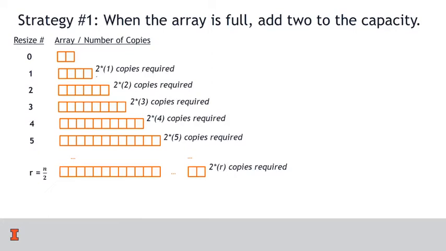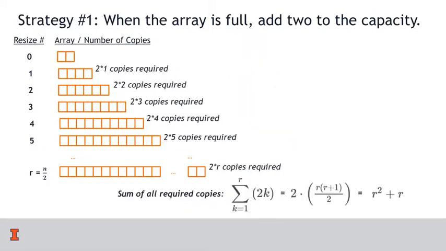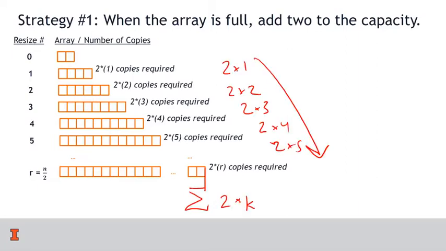So here we have 2 times 1 plus 2 times 2 plus 2 times 3 plus 2 times 4 plus 2 times 5. So the total amount of copies made is going to be the sum of 2 times k, when k is equal to 1 all the way up to when k becomes r. From k equals 1 to r, we're going to have 2 times k, so this is the total copies.